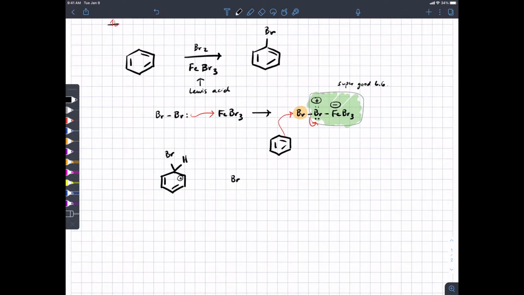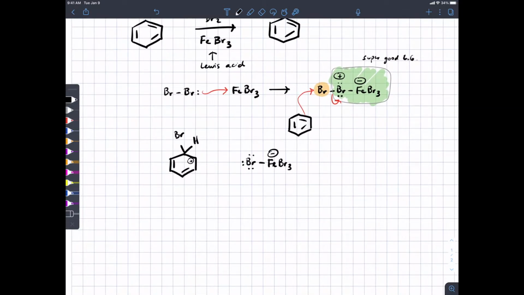The thing that leaves is FeBr4-, and that negative charge is likely shared by all of the bromines.